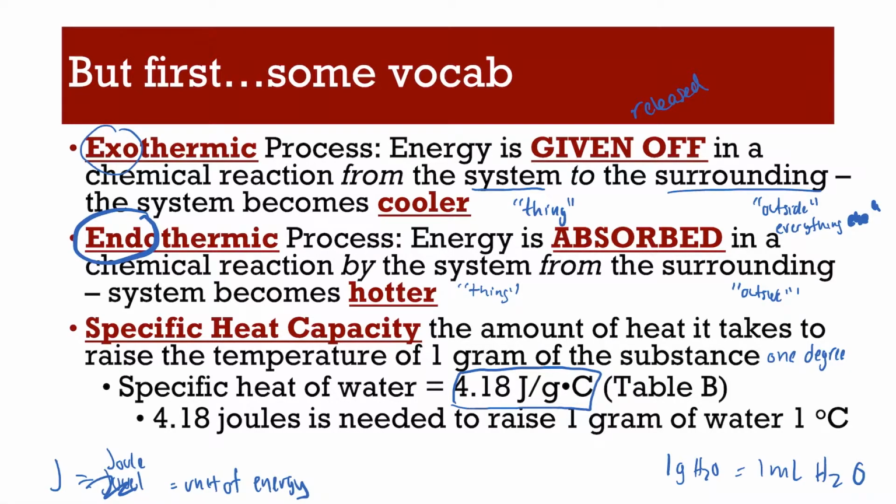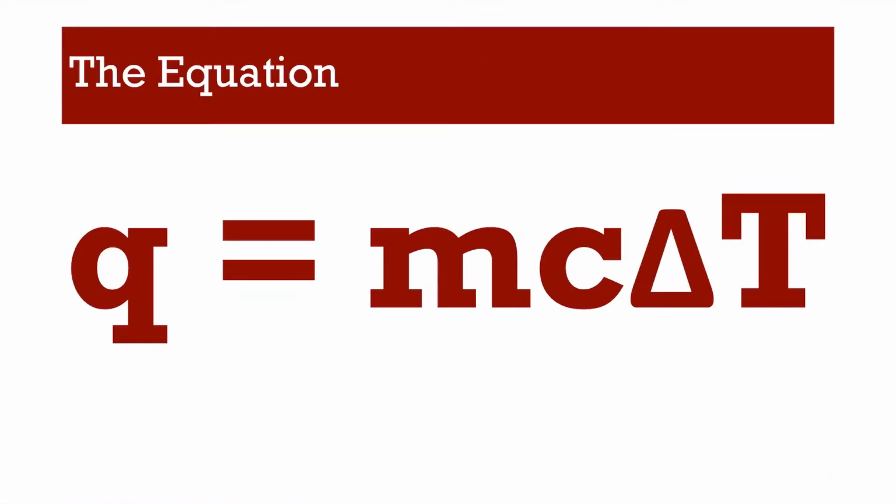It does not take as much energy for the metal to raise the temperature. Okay, so this value is something you do need to know, but it is on table B, so you don't need to memorize it. You just need to know that it exists and where to find it.